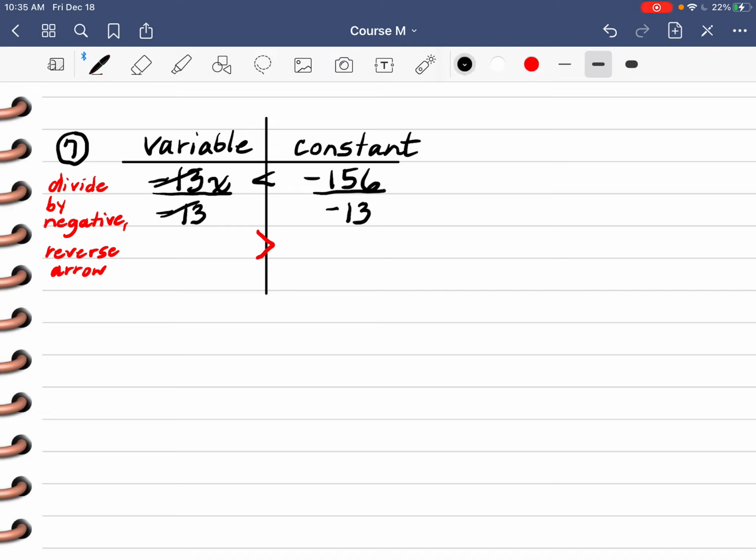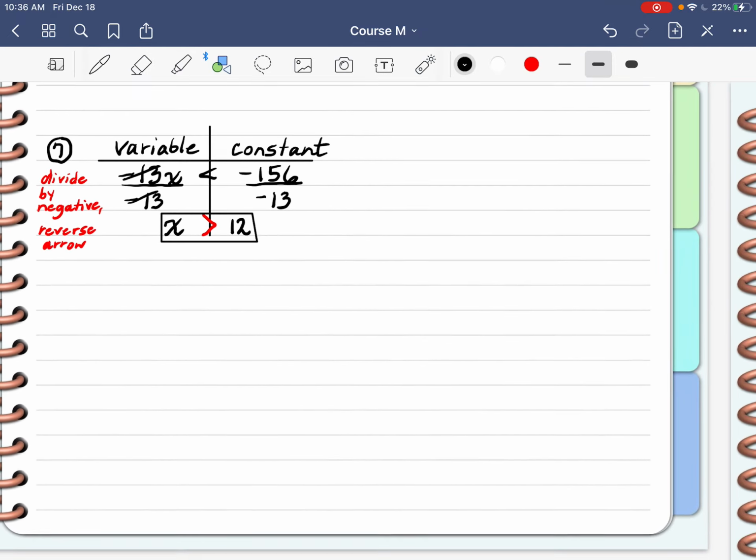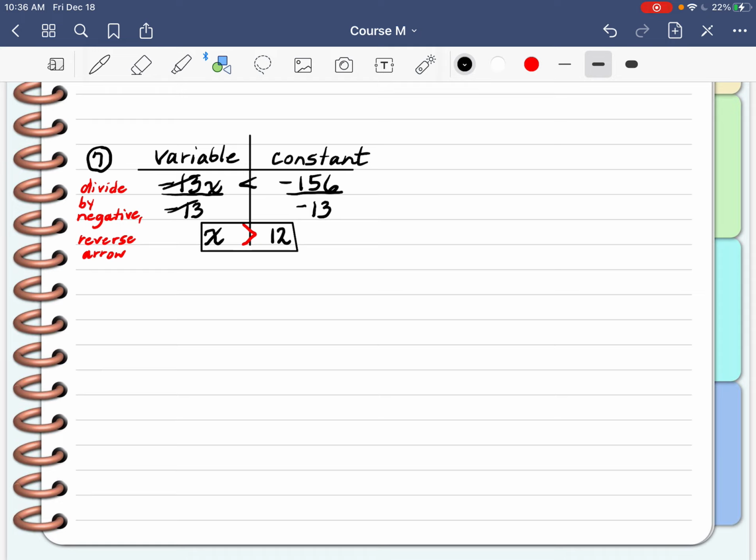And then you just carry on about business. So I have x is greater than negative 156 divided by negative 13 is 12. And that is already standardized. You can use your calculator on these. These are not TABE problems, they are my problems, so I'm telling you it's okay.